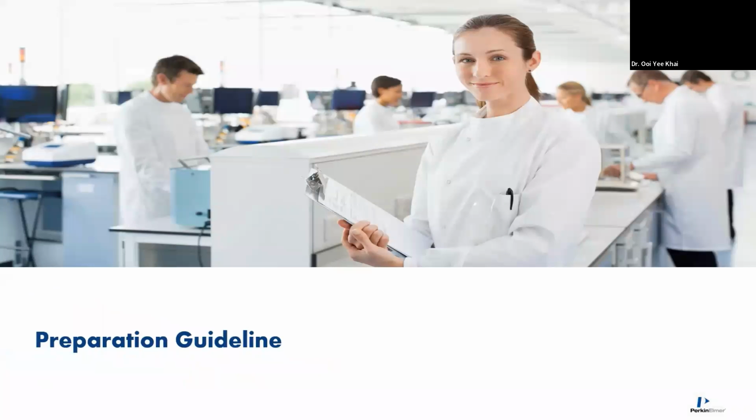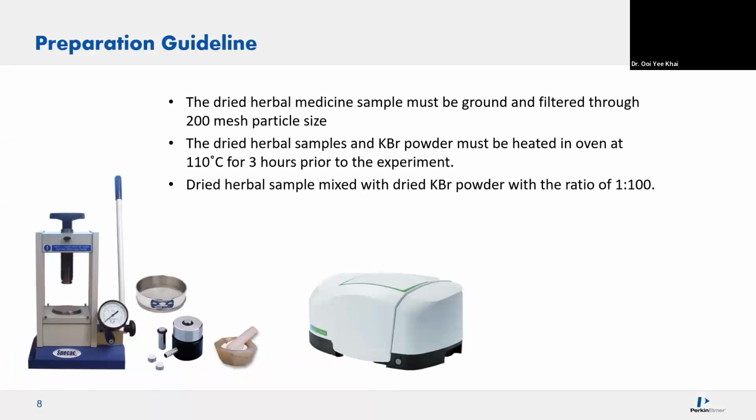Next, it will be the advised sample preparation guideline before subjecting to matching with the TCM digital libraries. In order to get a good identification match, we provide a guideline for users to use with the FTIR analyzer. First and foremost, the dried herbal medicine sample must be ground and filtered through a 200 particle size mesh.